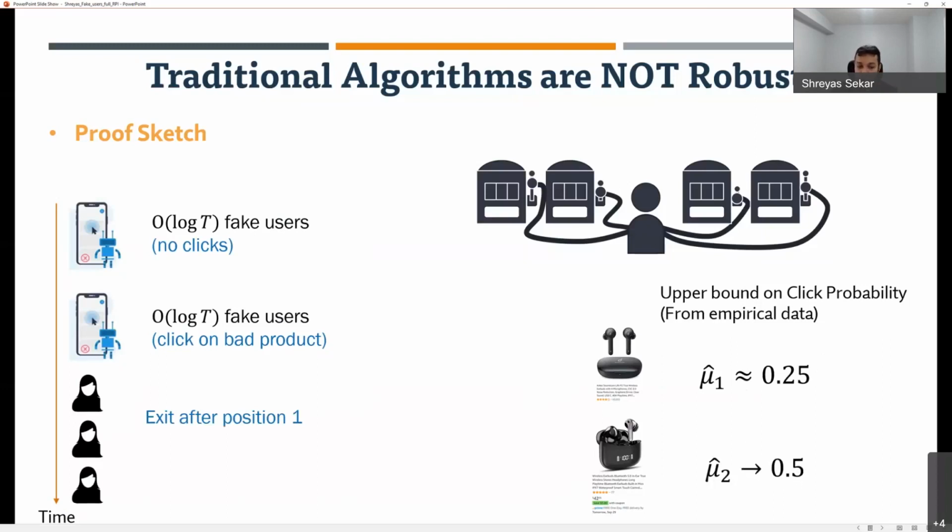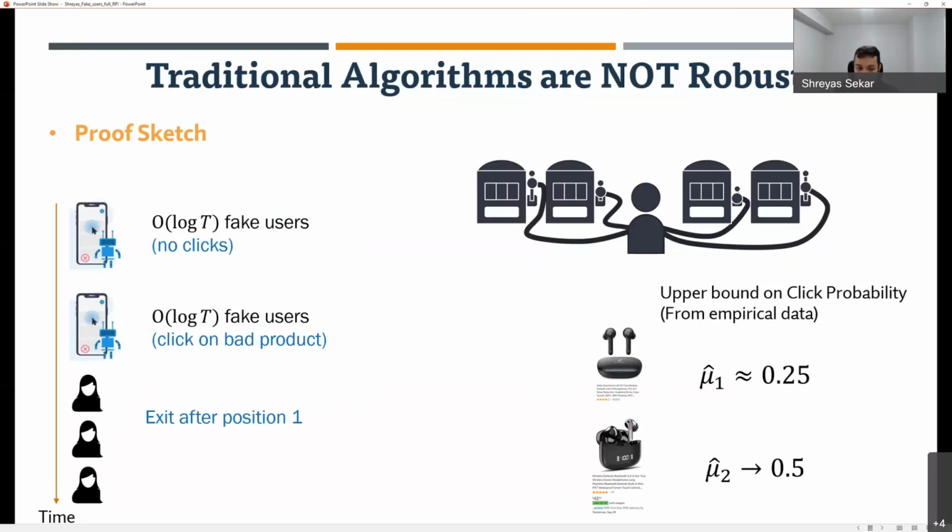So when my real customers arrive, these customers are only going to look at the first product. So most of these customers are going to look at my bad product. Half of them are going to click on it. Half of them are not going to click on it, and they're going to exit after the first position. So because of the behavior of these fake users, only half of my customers are satisfied.